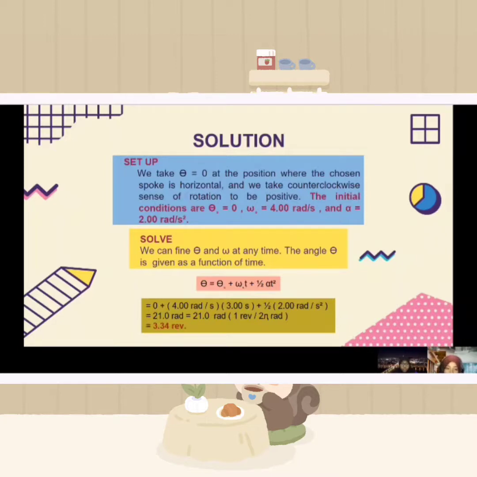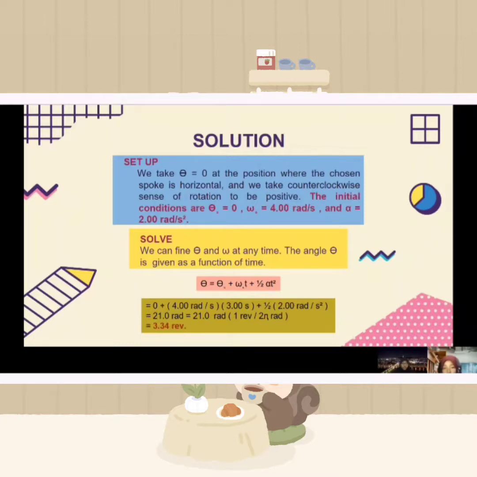Theta equals theta 0 plus omega 0 t plus 1/2 alpha t squared, equals 0 plus 4.00 radian per second times 3.00 seconds plus 1/2 times 2.00 radian per second squared times 3.00 seconds squared, equal to 21.0 radian. Multiplying by 1 revolution per 2 pi radian gives 3.34 revolutions.